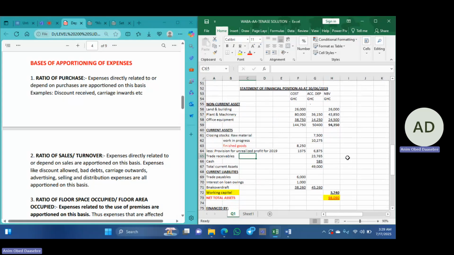that means there is what? Overdrawn. You have overdrawn.